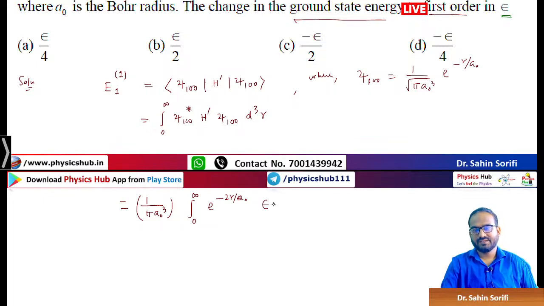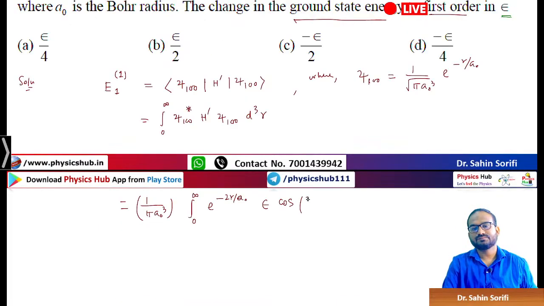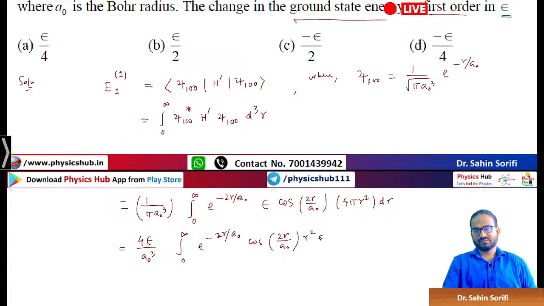H prime is epsilon cos 2r by a naught. d3r is nothing but 4 pi r square dr. So pi gets cancelled, and you are left with 4 epsilon divided by a naught cube, integral of e to the power minus 2r by a naught cos 2r by a naught times r square dr.